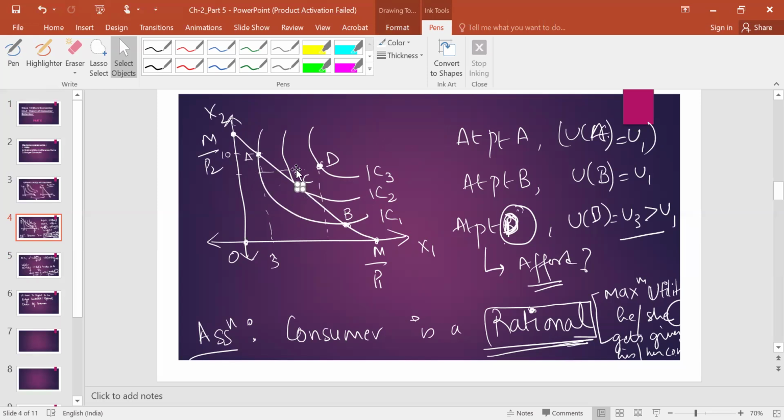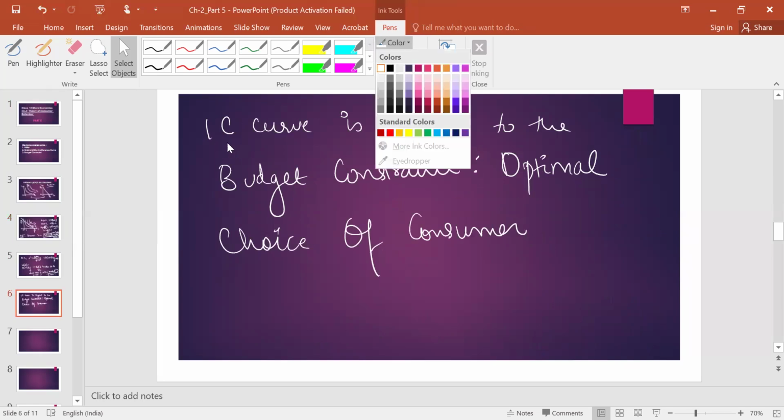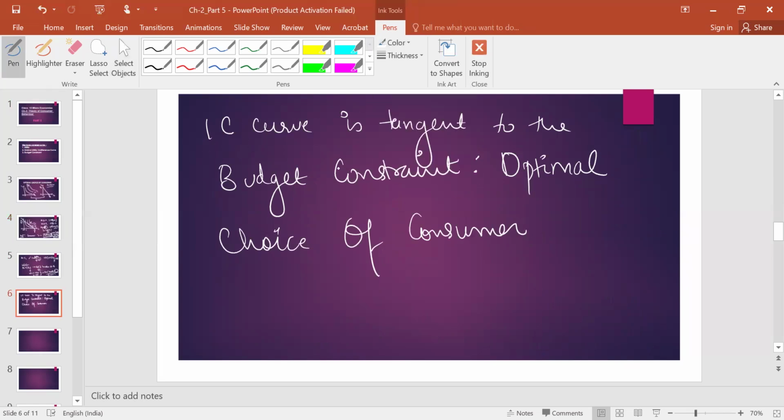So it is a different bundle of consumption. This way we can move. The consumer would like to consume the consumption bundle C. All right. The IC curve is tangent. Okay.